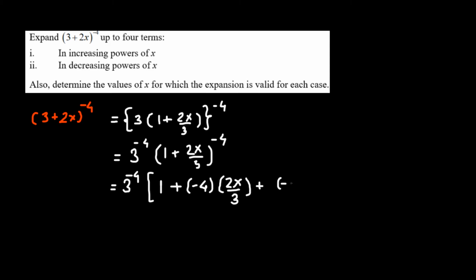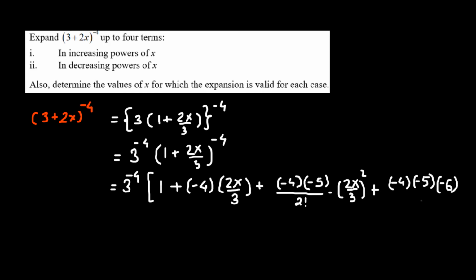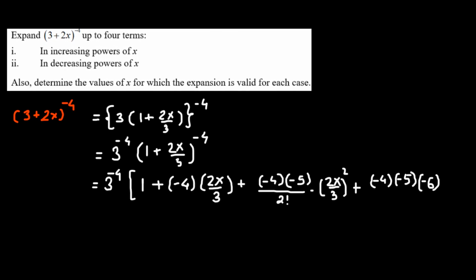So our n here is -4, then n - 1 will be -4 - 1, and that would give us -5, over 2 factorial times x squared, and x here is (2x/3) squared, plus n(n - 1), which will be -5, and -4 - 2 will give us -6, divided by 3 factorial times x cubed.